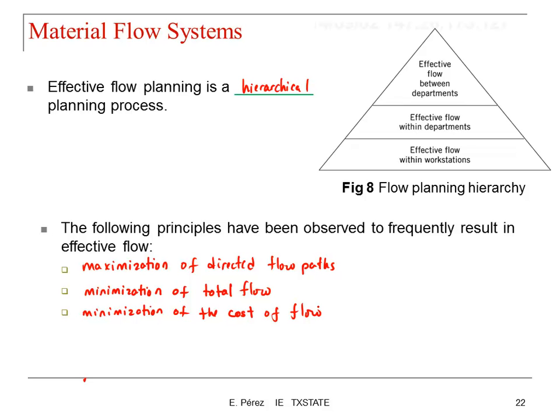Okay, so if you're designing to have an effective flow within your department, between departments, or within your workstations, these are the three things that you can use as objective functions. Try to maximize the flow of the directed path, the minimization of the total flow, and the minimization of the cost of the flow within and between departments.